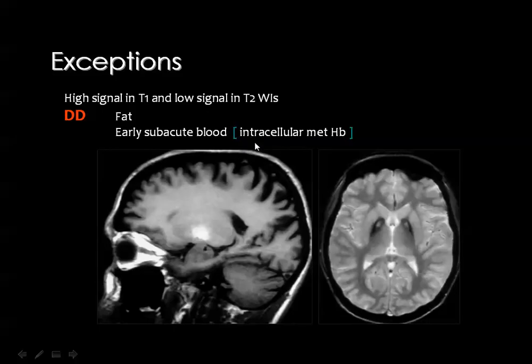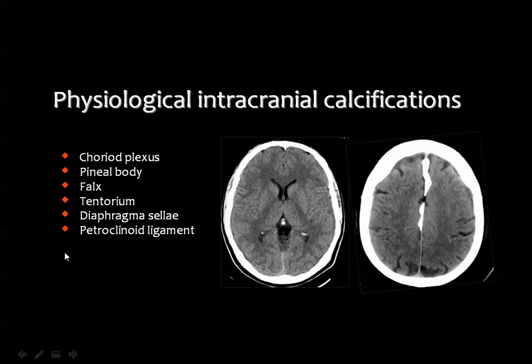And of course, for the differentiation, it's easy to have the fat suppression technique, and also you can refer to the CT images where you can easily identify the hypodensity of the fat and also the density of the blood.